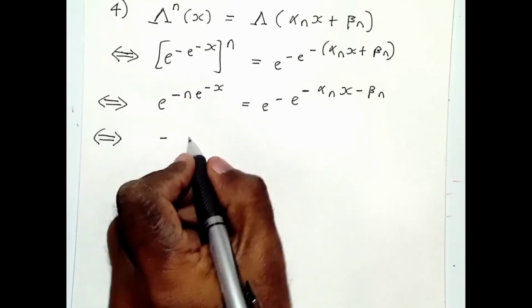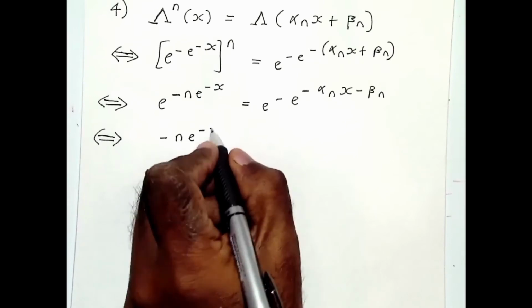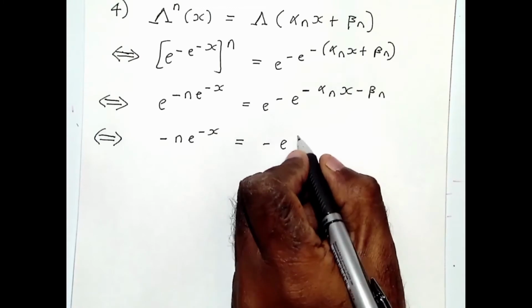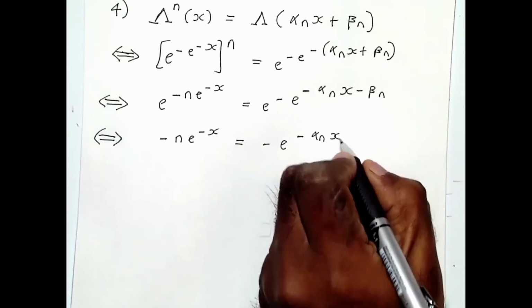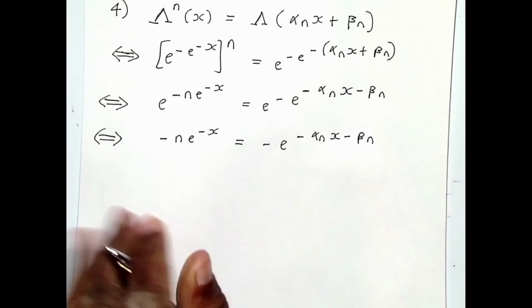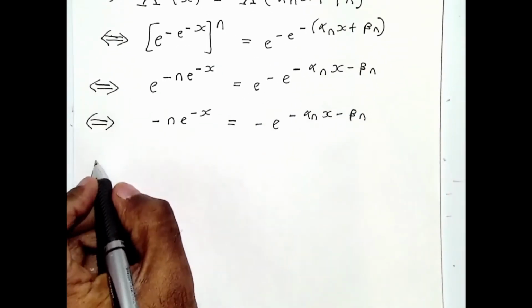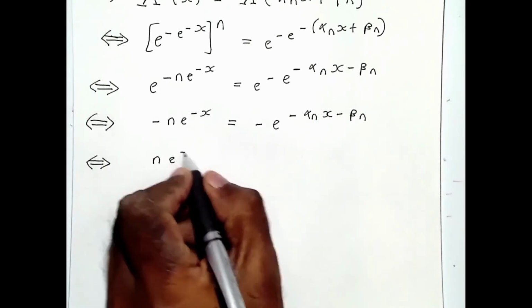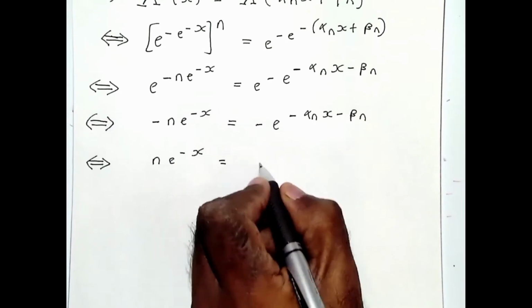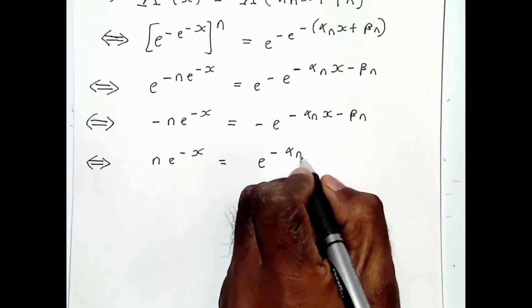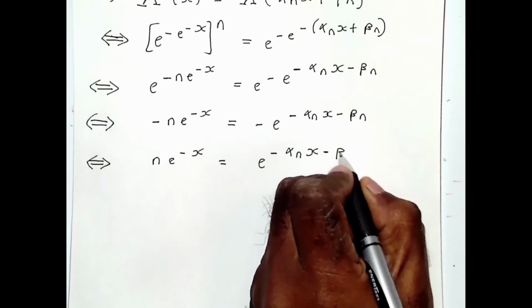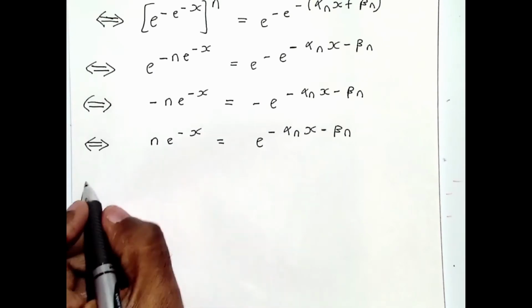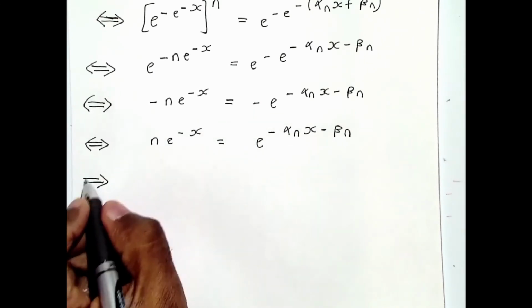So you get minus... The two minuses cancel out, so you get n times e minus x equal to e. Now I'm going to take logs one more time, on the left and the right hand side.